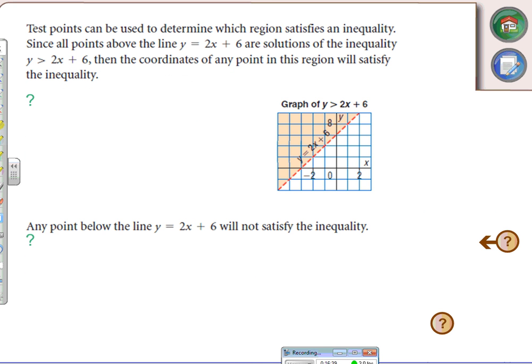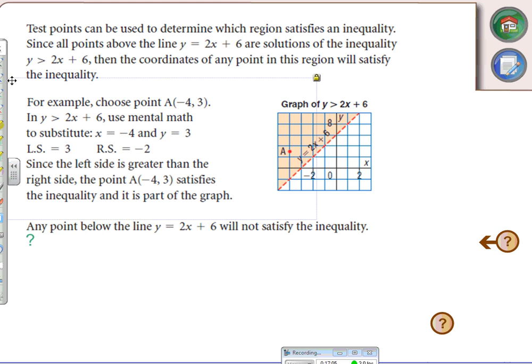Test points, just like we did in that opening activity, can be used to determine which region satisfies any inequality. Since all points above the line y equals 2x plus 6 are solutions of the inequality y is greater than, the coordinates of any point in this region will satisfy the inequality.